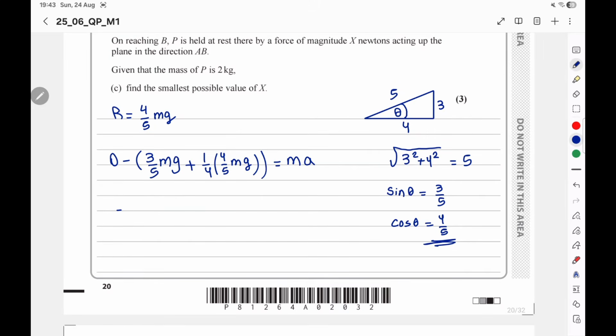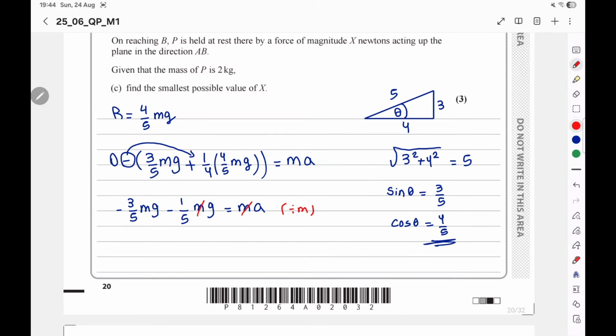Simplify. Negative 3 over 5 mg minus, when the minus enters the bracket, minus 1 over 4 multiplied by 4 over 5 is 1 over 5, minus 1 over 5 mg equals ma. I can divide the whole equation by m.